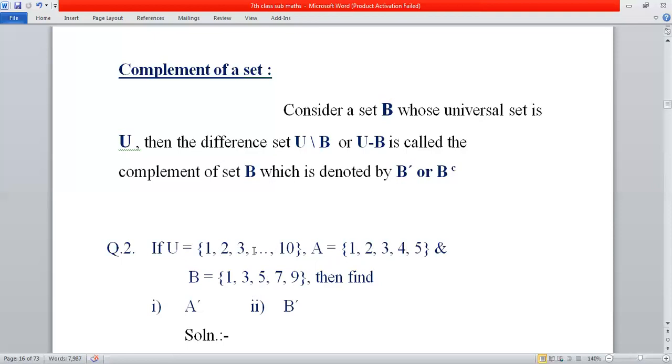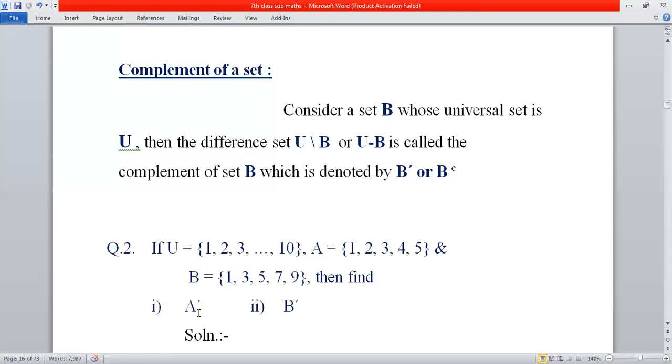This is 1, 2, 3, and the dots show 4, 5, 6, 7, 8, 9, 10, up to 10. The first 10 natural numbers are given in the universal set. In set A, you are given the first 5 natural numbers, and in set B, the first 10 odd numbers, 1, 3, 5, 7 and so on.